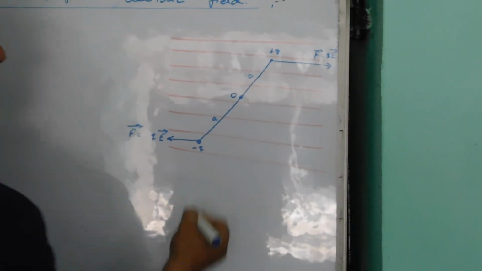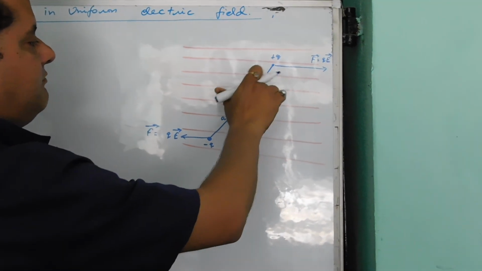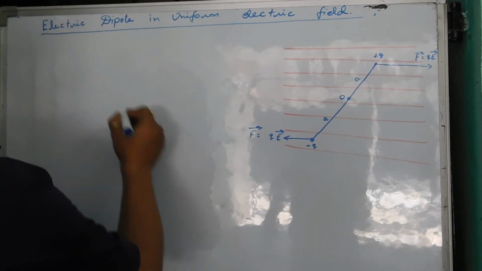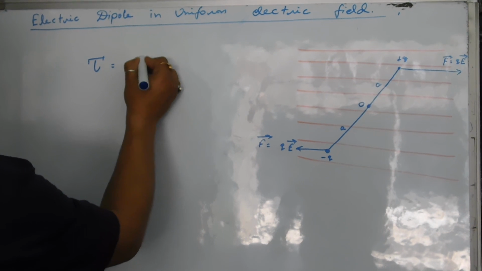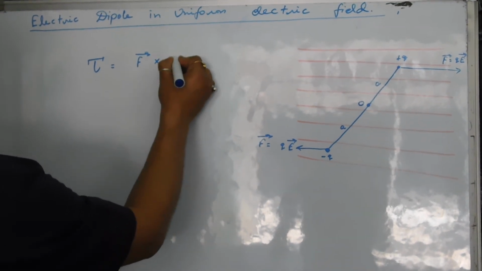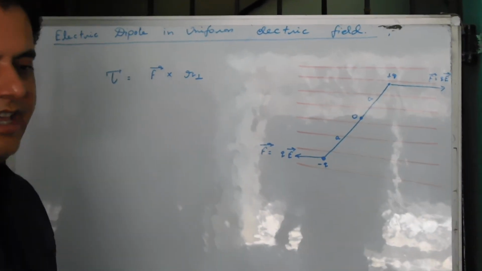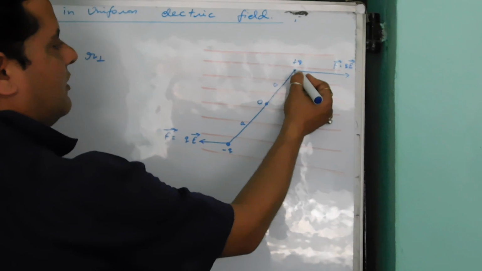Why torque? As it is in angular momentum, a torque is developed, and we know that tau is equal to F cross R, the perpendicular distance.